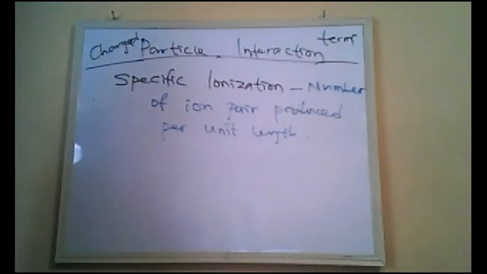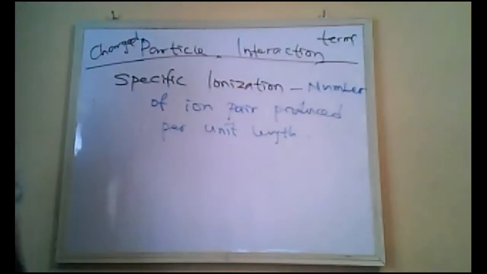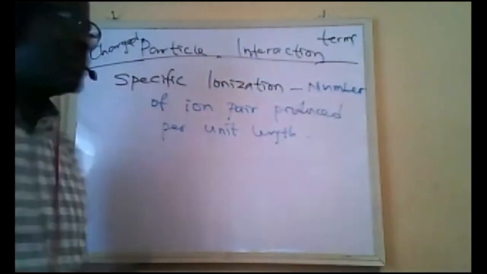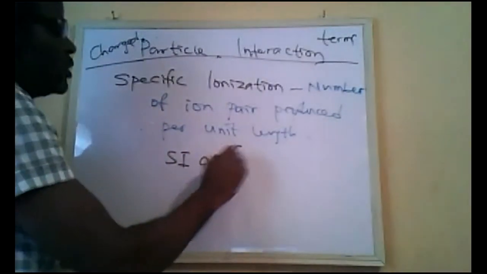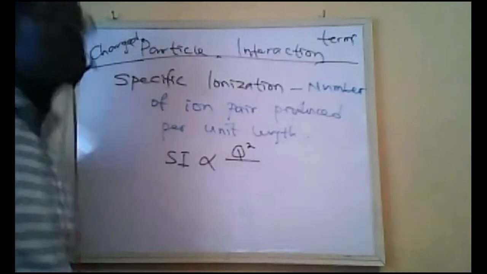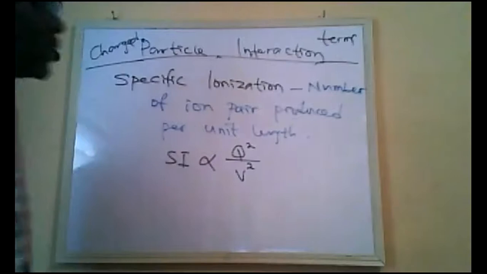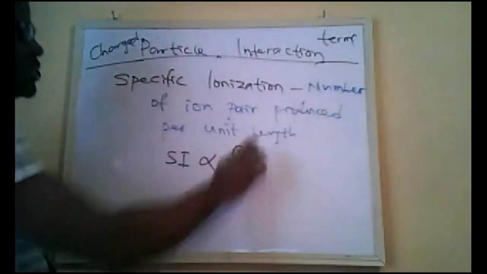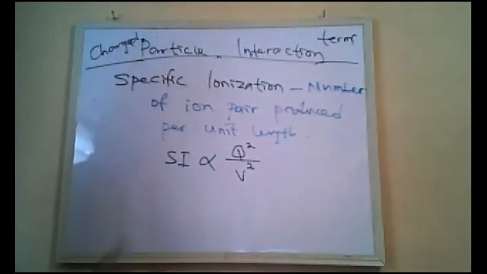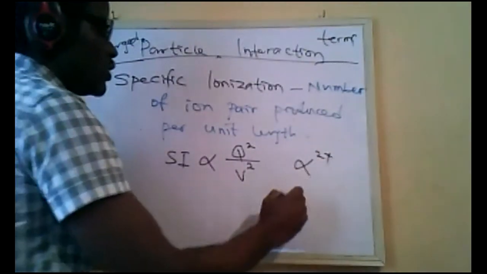So specific ionization is just the number of ion pairs produced by that charged particle per unit length, and it is directly proportional to the charge over velocity squared. The more the charge, the more the number of charged particles we are going to have. So I can compare the charged particle of alpha 2 plus to the charged particle of electron.